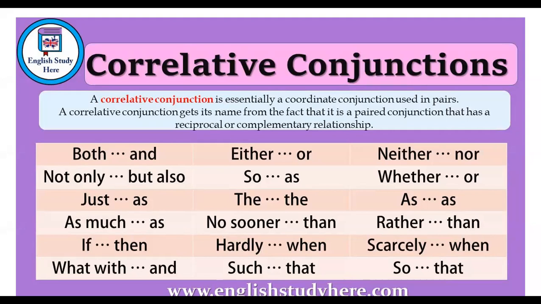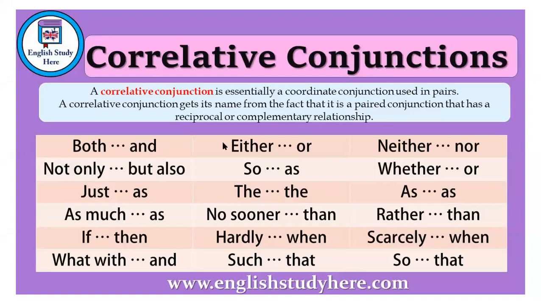Mister, do we have to write the meaning of correlative conjunction, or only the pairs? Just the examples.